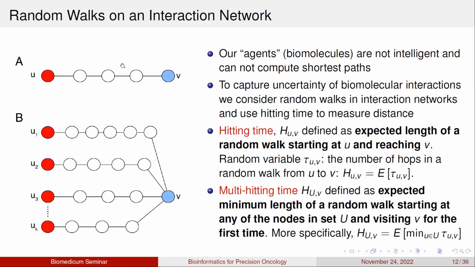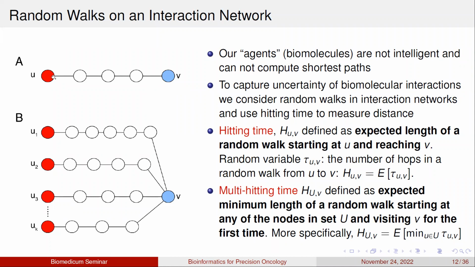But our biological molecules are non-intelligent, so they cannot compute the shortest path. So there is a lot of uncertainty in the biomolecular interactions. So we try to model this as a random walk process and measure the influence as the hitting time distance.